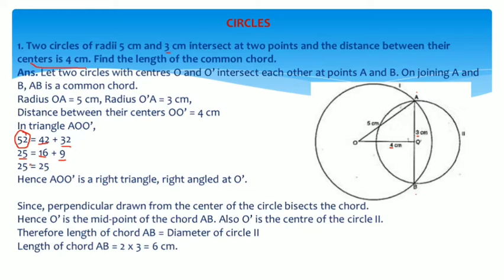So what we are seeing is that the square of 5, that is 25, is equal to the sum of the squares of the remaining two sides, 4 cm and 3 cm.